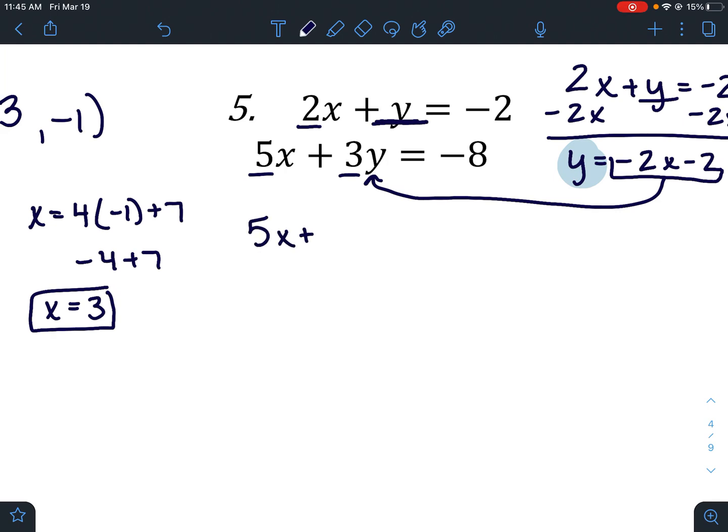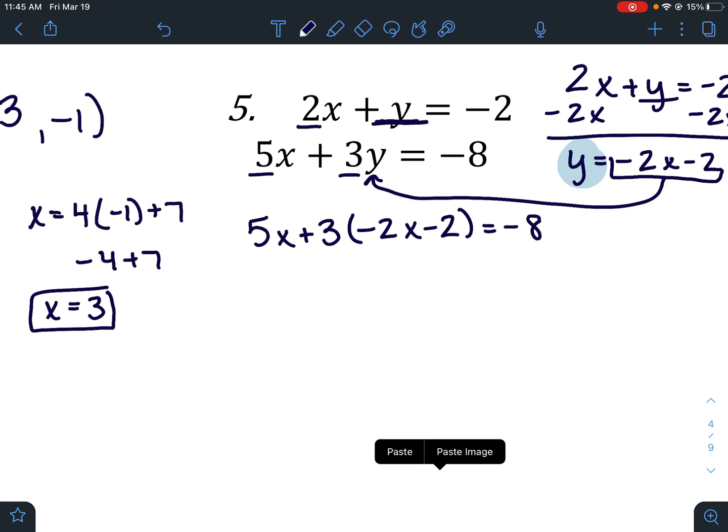5x plus 3 times what my y was equal to, which is negative 2x minus 2, equals negative 8. Again, take that 3 and distribute it. So I'm going to get 5x minus 6x minus 6 equals negative 8.